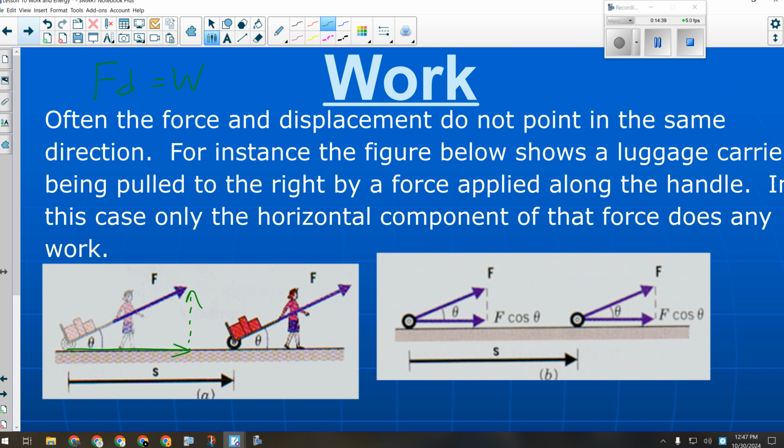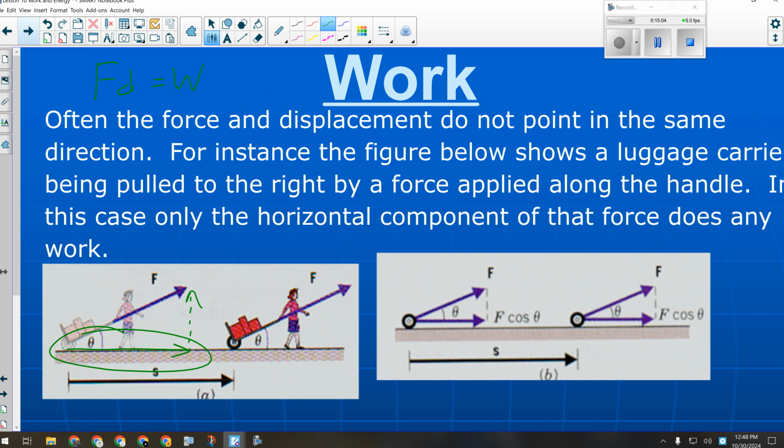Does the luggage carrier move vertically? If it doesn't, then there's no vertical distance for that force to work on. You're not lifting it. You're not changing its potential energy. You're not changing its kinetic energy. So this entire force doesn't do work, only this part of it.